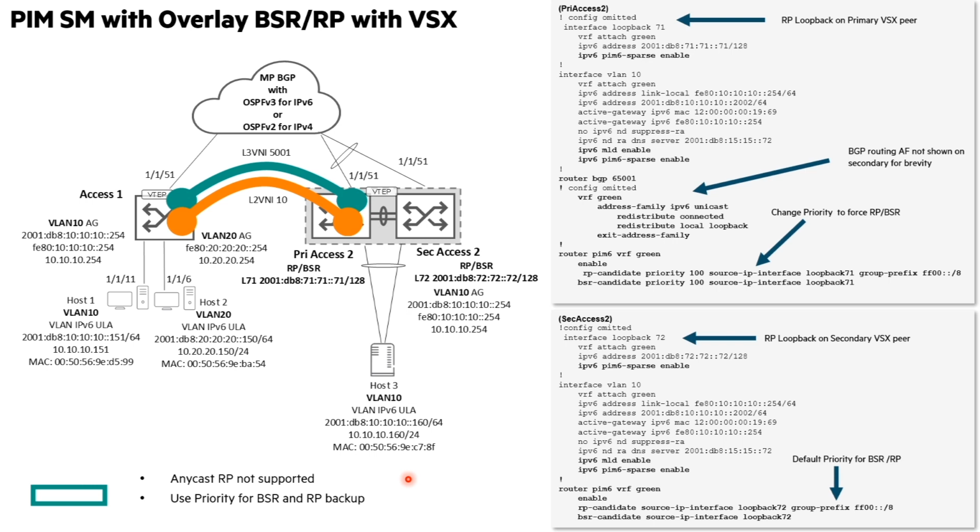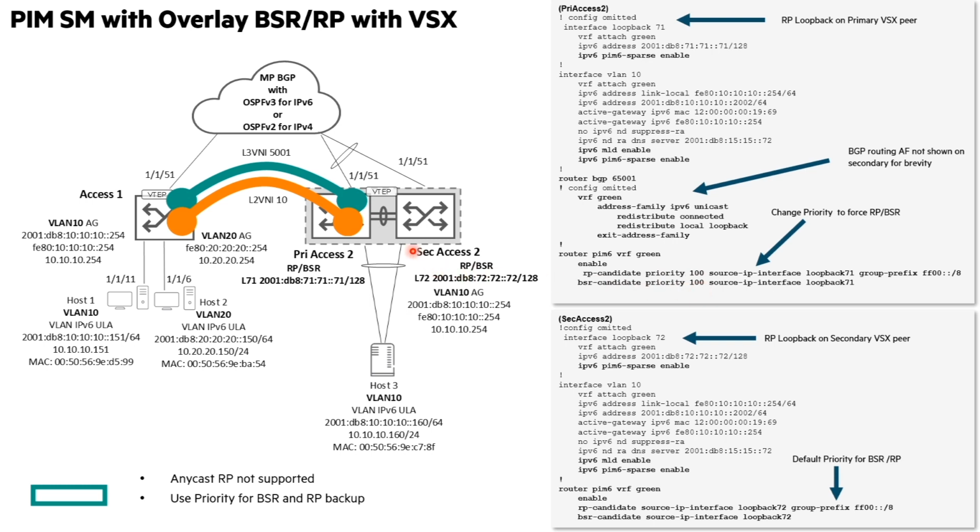So if we have VSX in the environment, we use priority for BSR and backup RP, and it's very similar to the previous configuration. We can see that for the primary VSX switch, which is on the left, I have forced 100 for the priority for both BSR and for the RP.